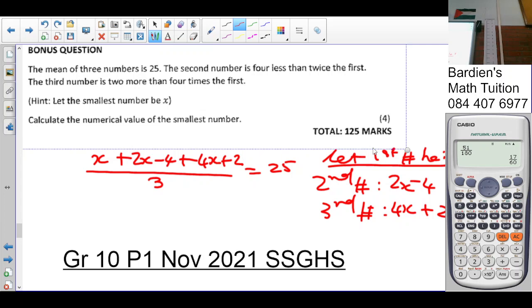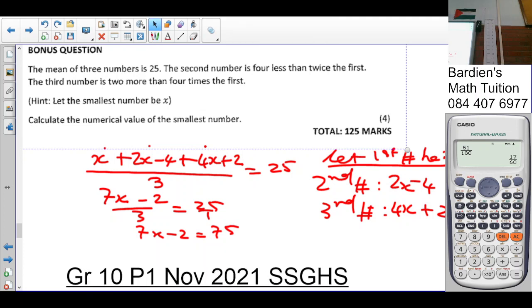If the smallest number be x, calculate the numerical value of the smallest number. So that's going to give you 7x minus 2 over 3 is equal to 25. So cross multiply, 25 times 3 is 75, which is going to give us 7x is equal to 77, which now implies therefore x is equal to 11. Okay? You guys understand?